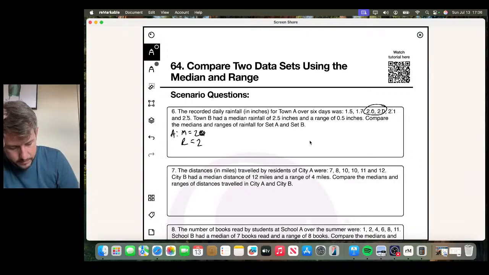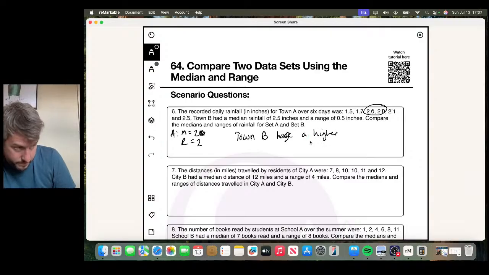So town B has a higher median and a lower range.